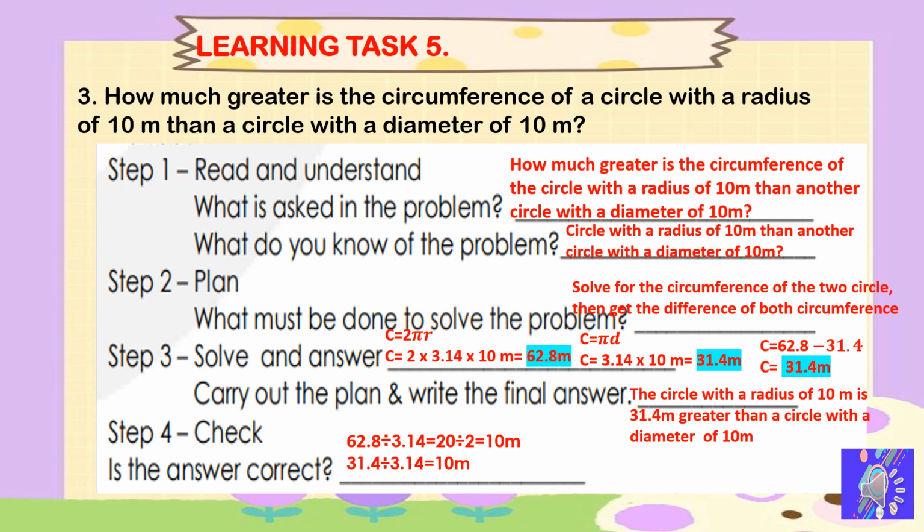Okay, and then divide by 2. So that means the answer is 10 meters. And for the second circle, the circumference is 31.4. So we divide it by 3.14, which is the value of pi. Then the answer is 10 meters. Okay.